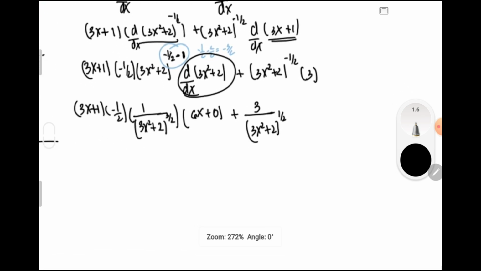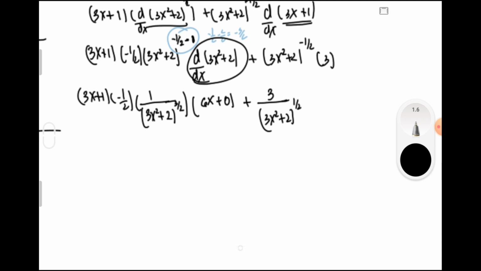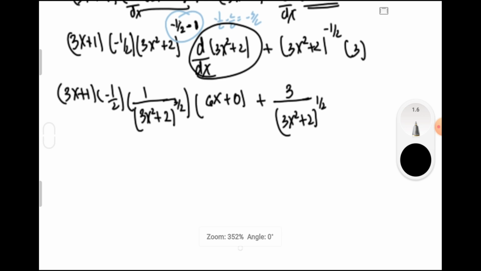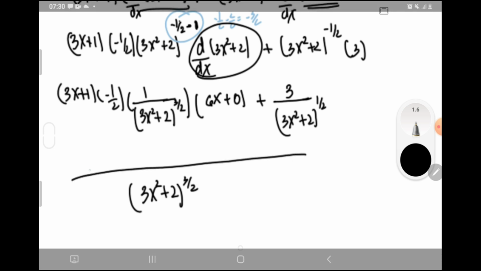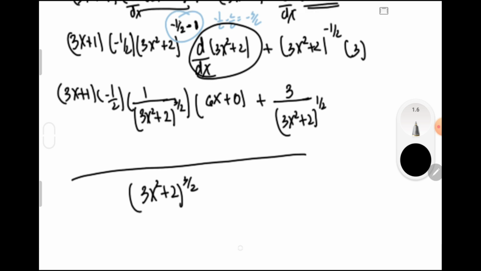So, next step is we would get the GCF. Okay? Our GCF will be equal to 3x squared plus 2 raised to positive 3 halves. So from this we'll have 3x squared plus 2 raised to 3 halves divided by 3x squared plus 2 raised to 3 halves, so 1, multiplied by 3x plus 1 multiplied by negative 1 half multiplied by 6x.